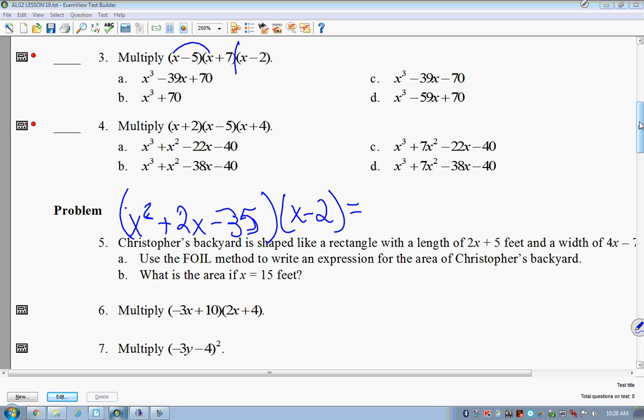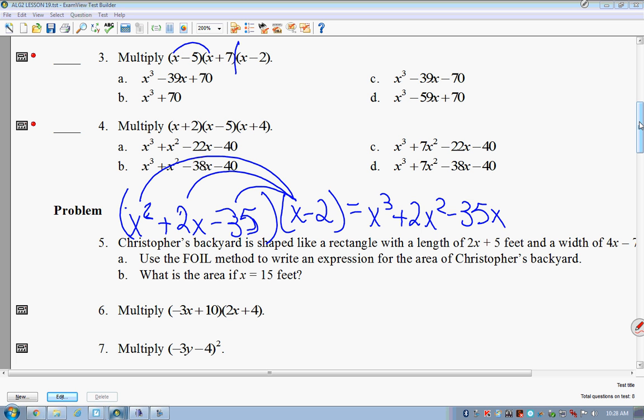Right, we're going to take that and we're going to multiply it by x minus 2. And so what I'm doing here is I'm taking each of these terms first, okay? We're distributing each term into the others. So x times x squared is x cubed, right? Okay? X times positive 2x is positive 2x squared, right? And x times negative 35 is negative 35x, correct?